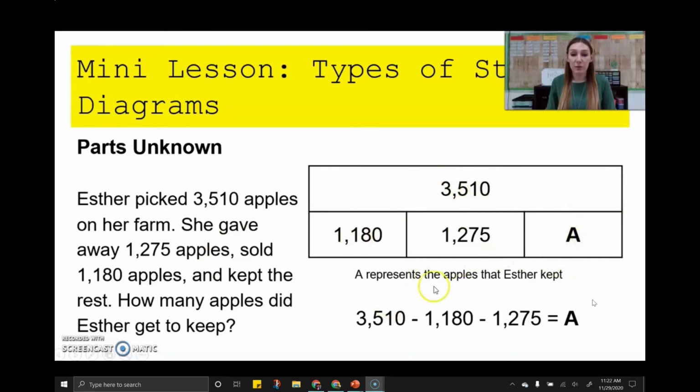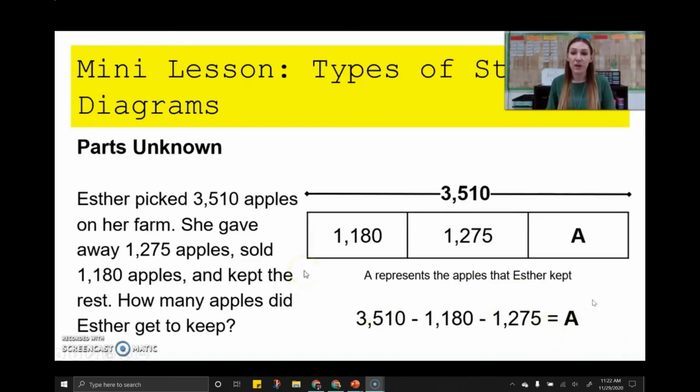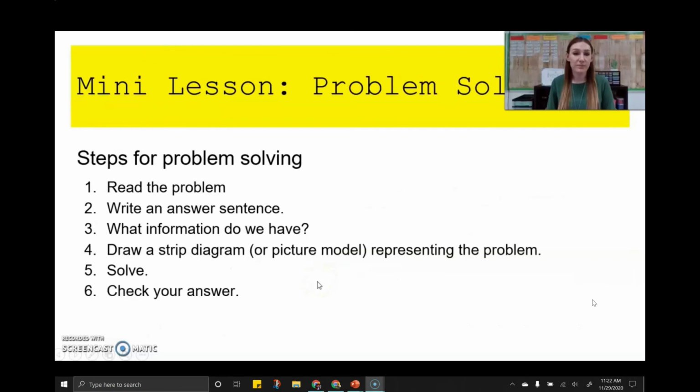So I'm going to take my total, subtract 1,180, and also subtract 1,275 to get the apples that Esther gets to keep. And again, we see this line that represents the total, all of these boxes combined, and notice that it is the same size or equivalent to the bars beneath.